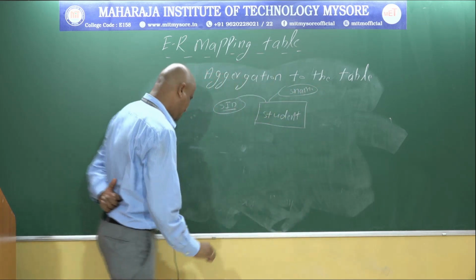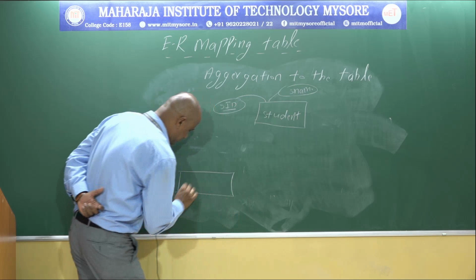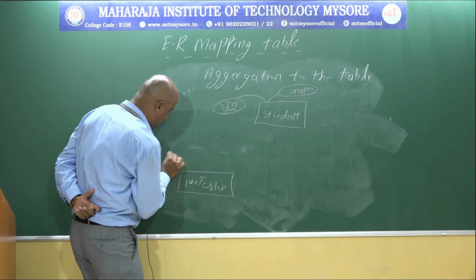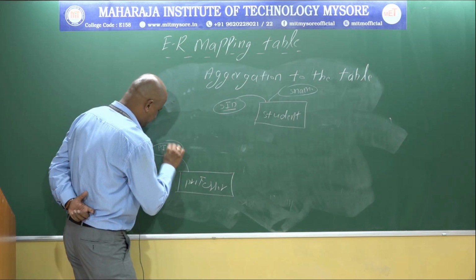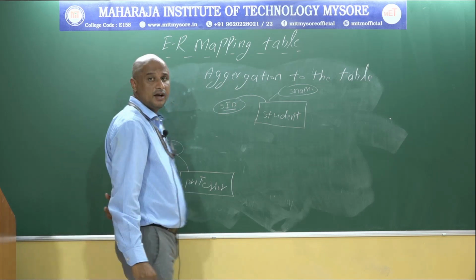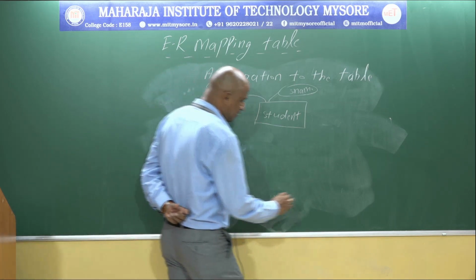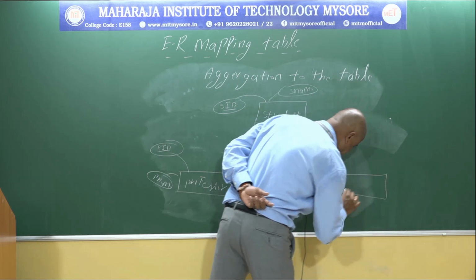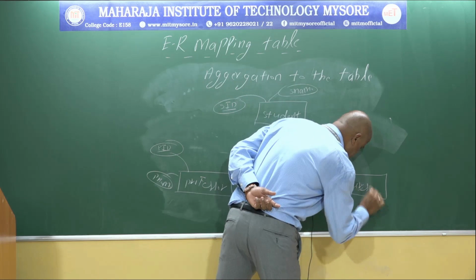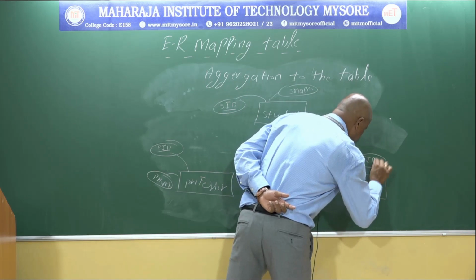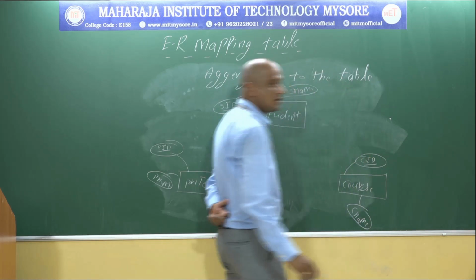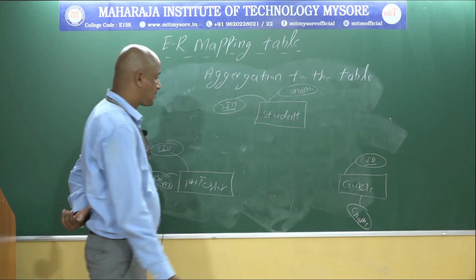I'll take another entity, professor, with professor ID and professor name. Then I'll take courses with course ID and course name.